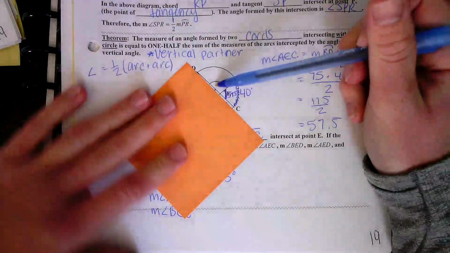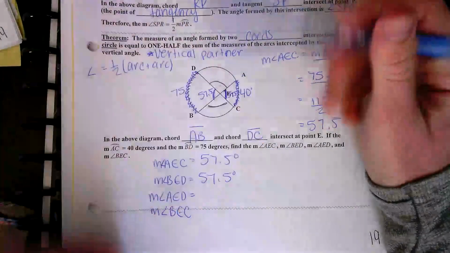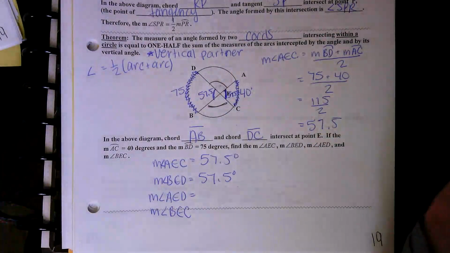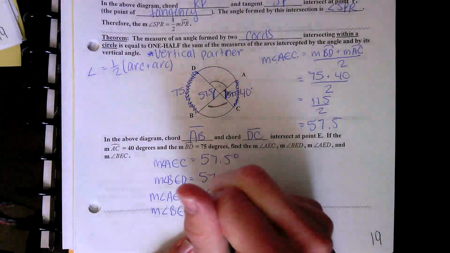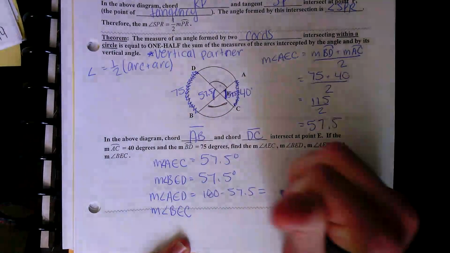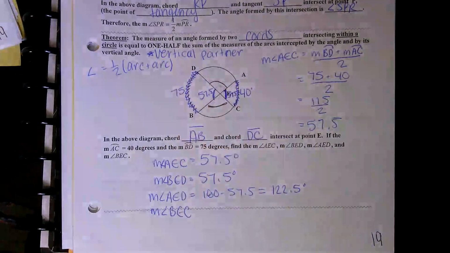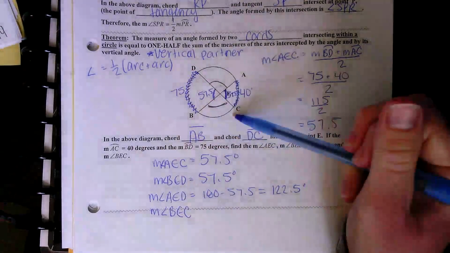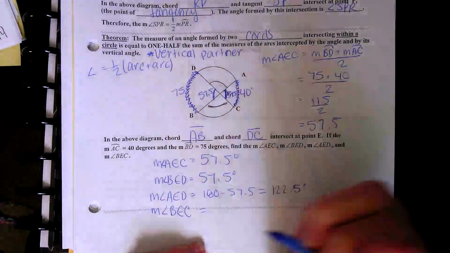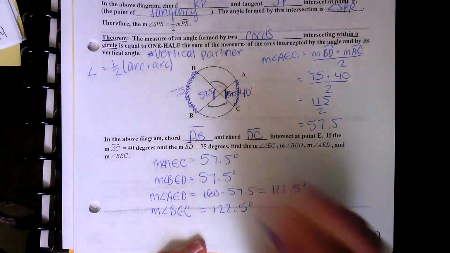So 180 minus 57.5 gives us the measure of AED and BEC, which is 122.5. Since BEC and AED are vertical angles, the measure of angle BEC is also 122.5 degrees.